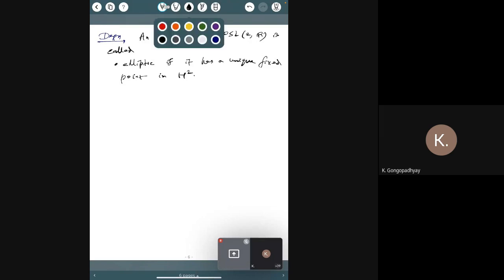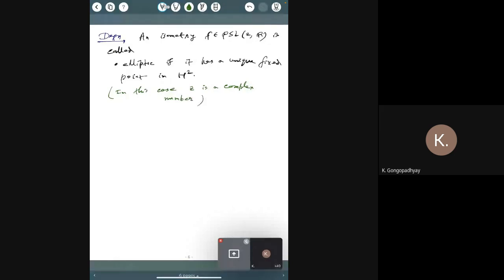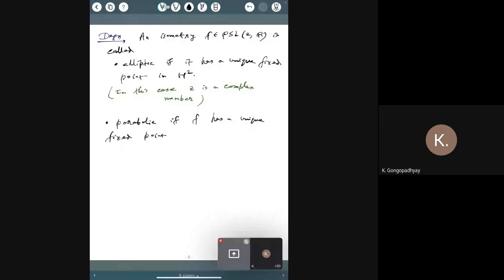Note that in this case, z is a complex number. It is parabolic if f has a unique fixed point on the boundary.